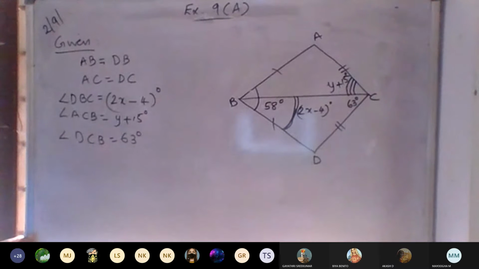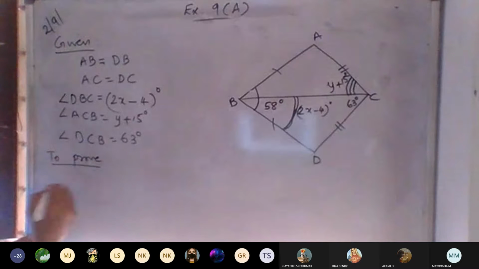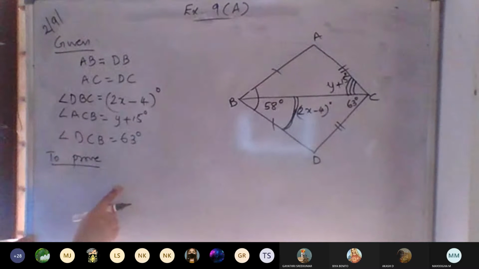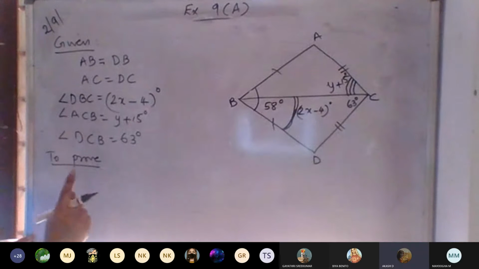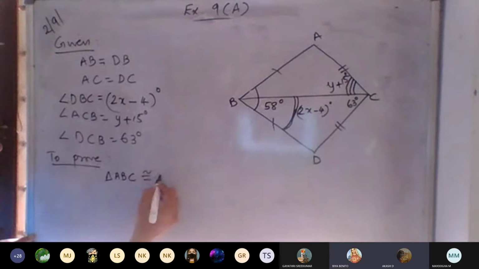To prove: not the values. First we are finding the congruency. To prove: triangle ABC is congruent to triangle DBC.